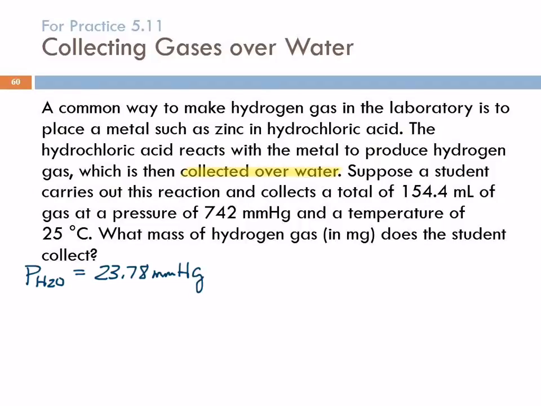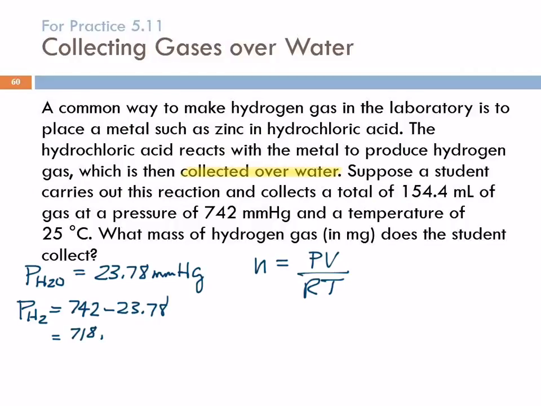So we're getting a little more familiar with this. We look at this and say, oh, this is the same old thing. I'm going to have n equals PV over RT. I need the pressure of the hydrogen. So I'm going to take that total pressure, 742, and subtract the 23.78. 742 minus 23.78 is 718.22 millimeters of mercury.